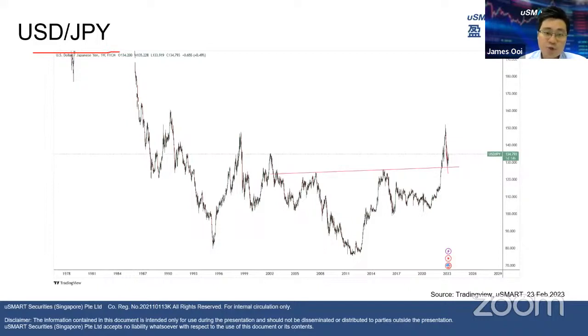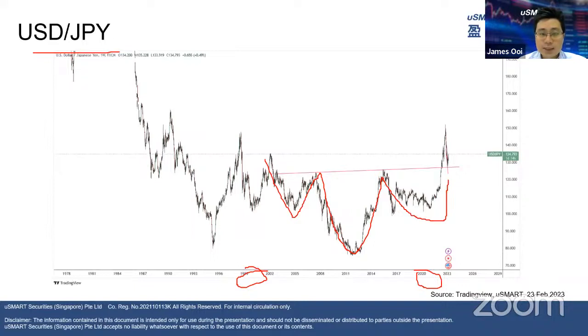A little bit of history here is it was forming an inverted head and shoulder across 2005 to 2022. And last year, 2022, it finally broke above the neckline. And this is why you see the prices here shoot up all the way.